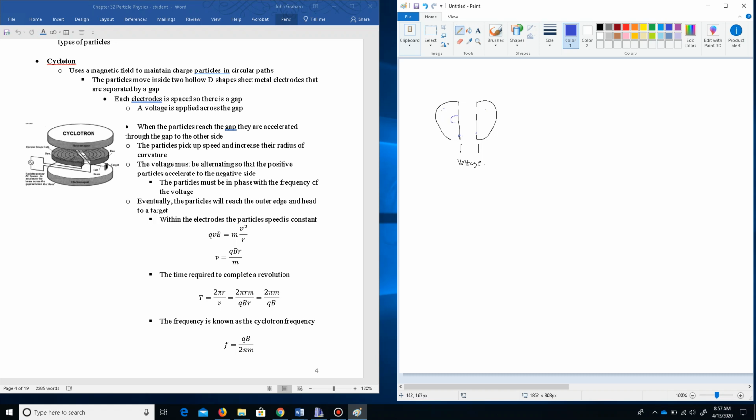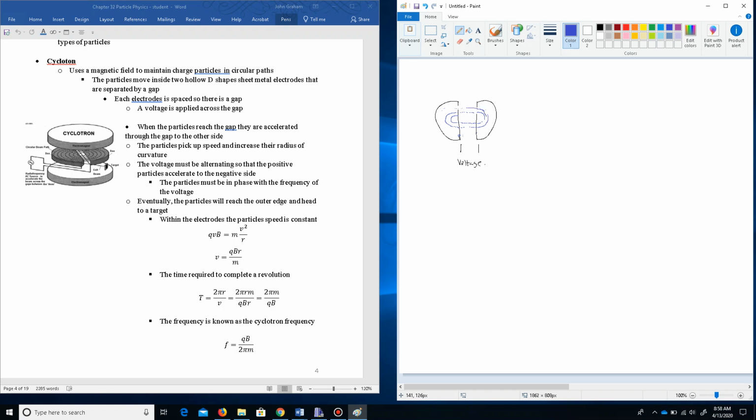Comes through, and as it jumps, it accelerates. So it gets faster, and then it accelerates again. So it gets faster, and it accelerates again, so it gets faster.